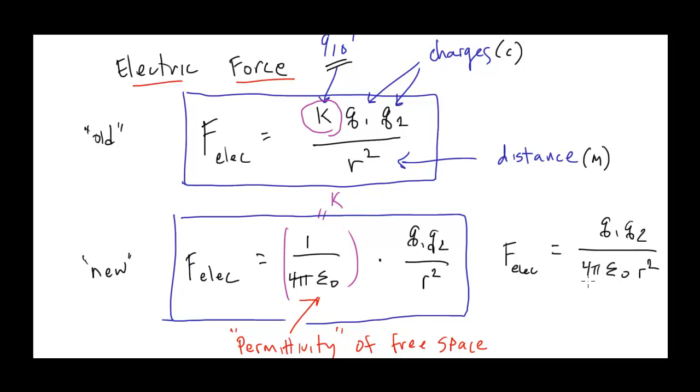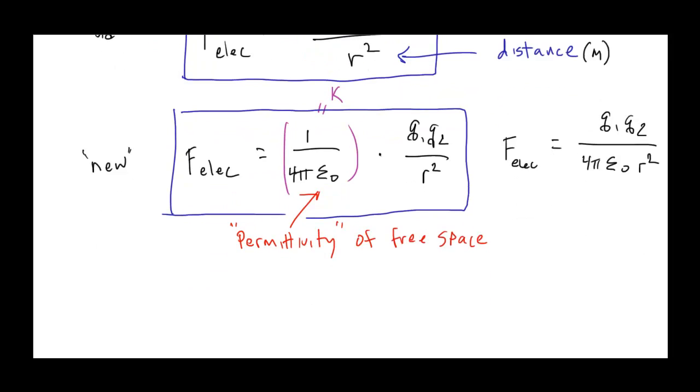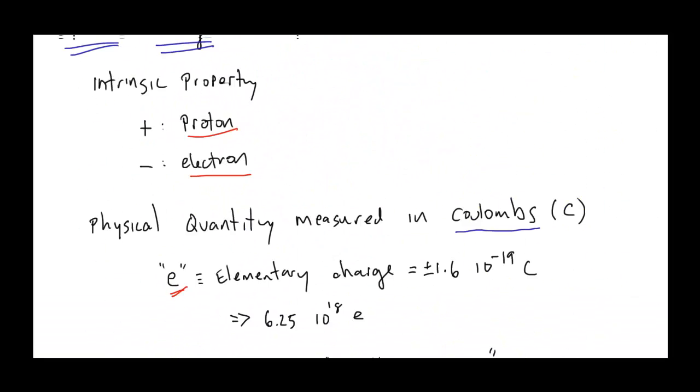That would be another way of writing it, of course. We're going to try to write it this way, and just remember that this reduces to the value of K.